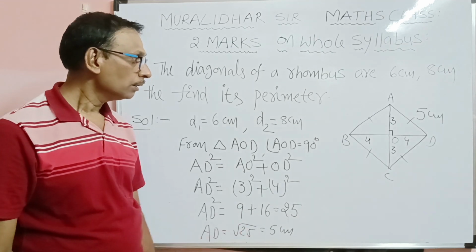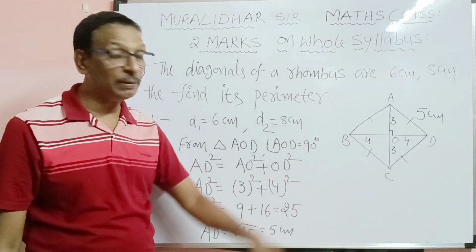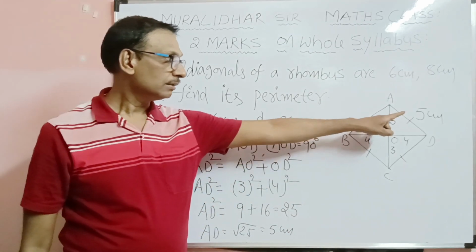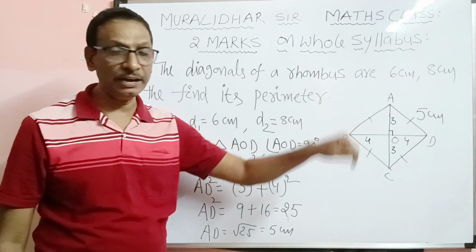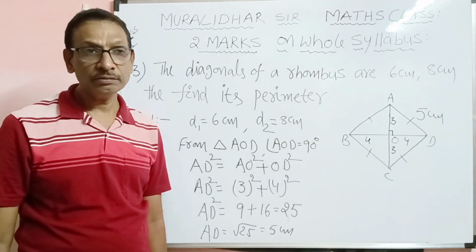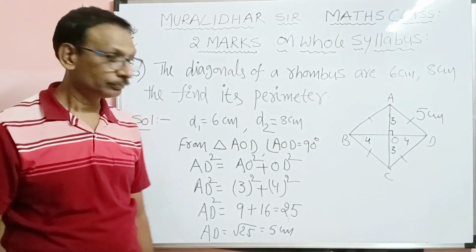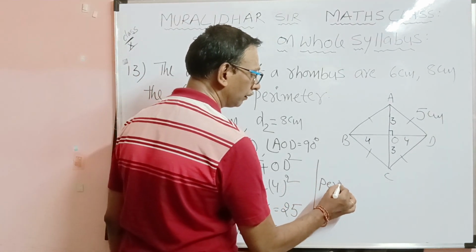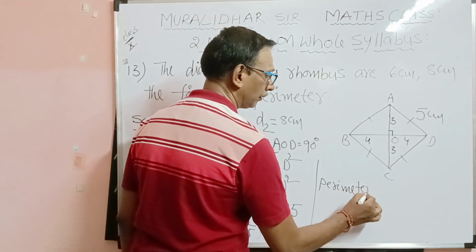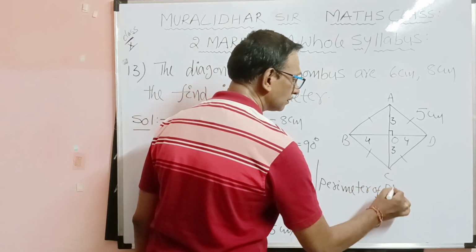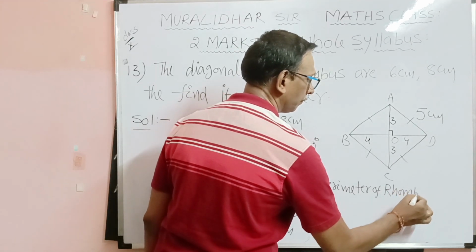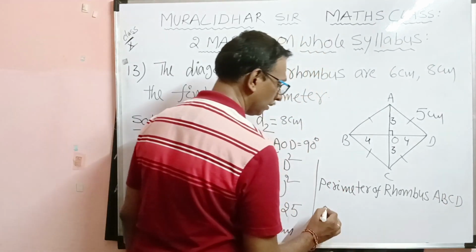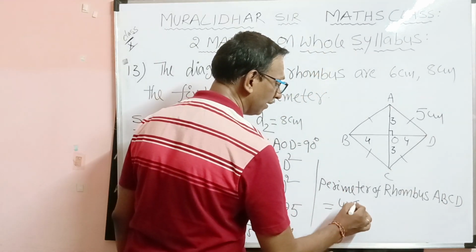Now he asked what is its perimeter. The perimeter of the rhombus is side plus side plus side plus side, that is 4 into side. Perimeter of rhombus ABCD is equal to 4 into side.